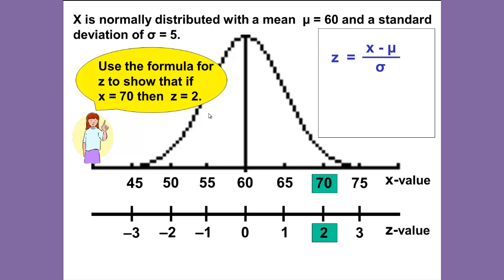Our formula, z equals x minus mu divided by sigma, or x minus the mean divided by the standard deviation. 70 for your x, minus 60 for the mean, divided by 5 for our standard deviation. 70 minus 60 is 10. 10 divided by 5 leaves me 2, and we've proved that if x equals 70, then z equals 2.